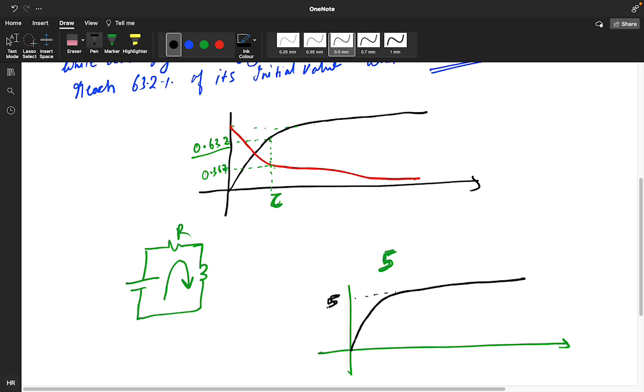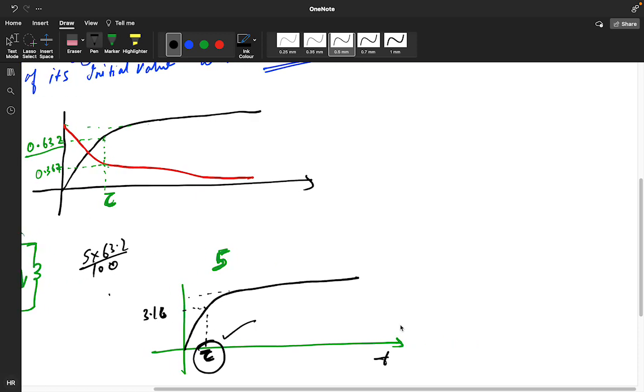What is 63% of 5? 5 into 63.2% divided by 100. Use the calculator and tell me the value. We get 3.16. Suppose we are getting 3.16 at this time, this is my t. This is my time constant.